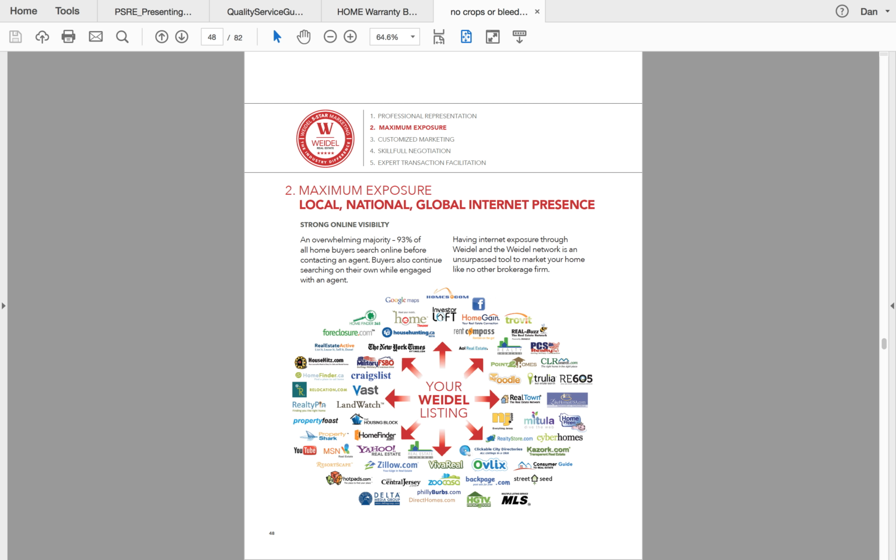So the multiple listing service is the basis for all of the explosion of internet sites that the home will be presented to. Now, we're going to think about that in exactly the reverse as it relates to 5-star.